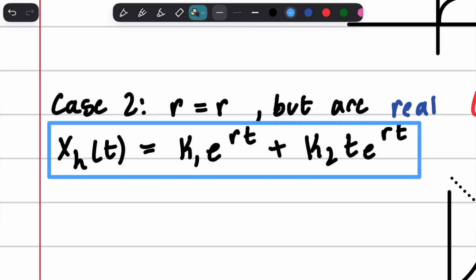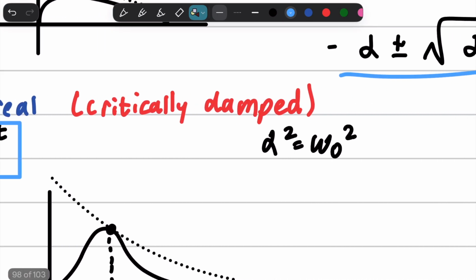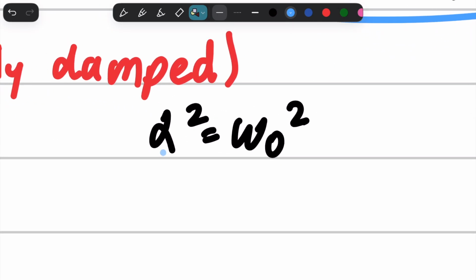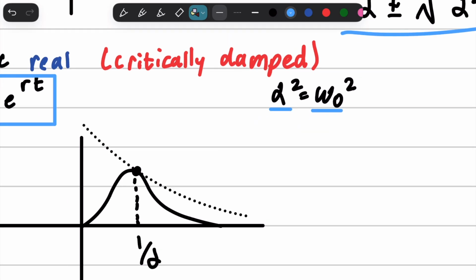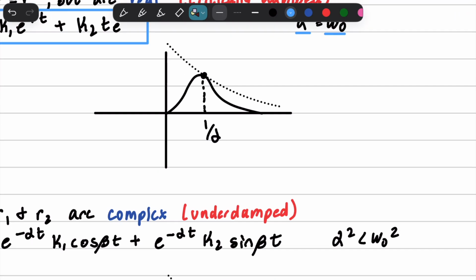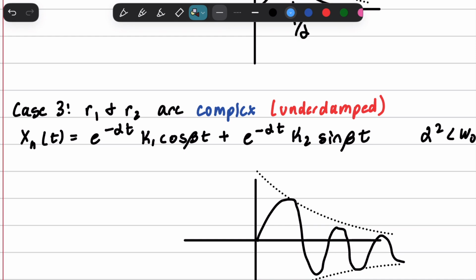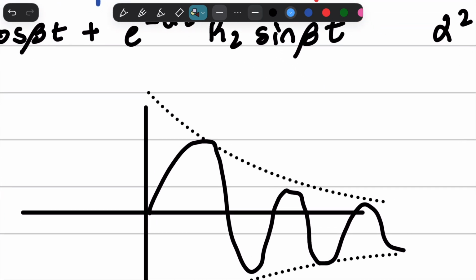Once again, you're going to have to memorize this, and this is called critically damped, and that's where alpha, the damping constant, is equal to the square of the driving frequency. Okay, well, they're equal.